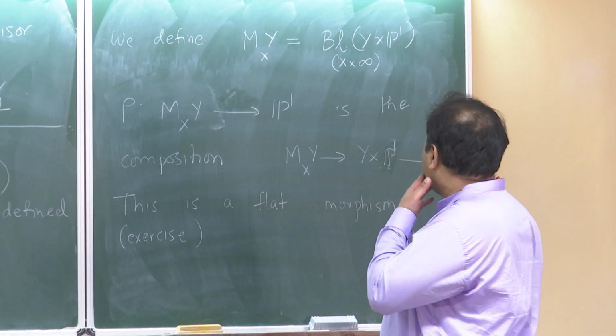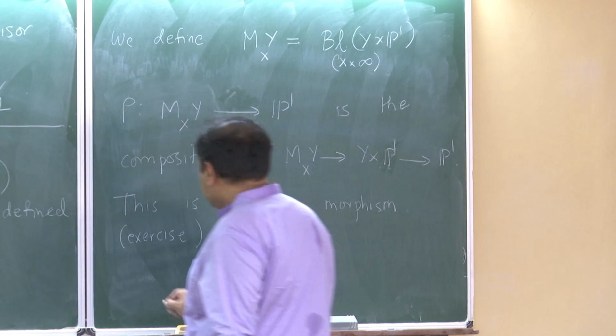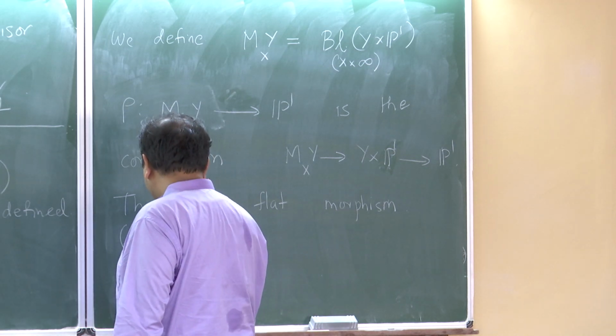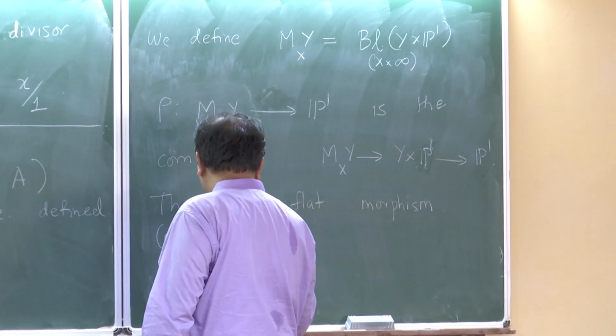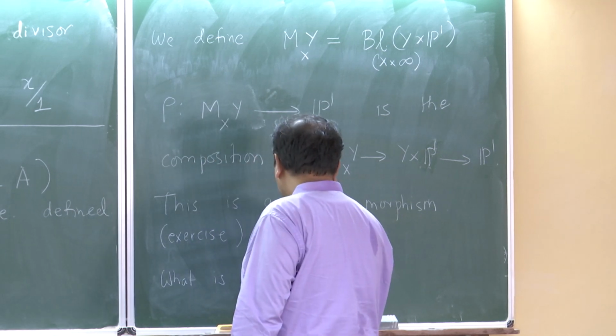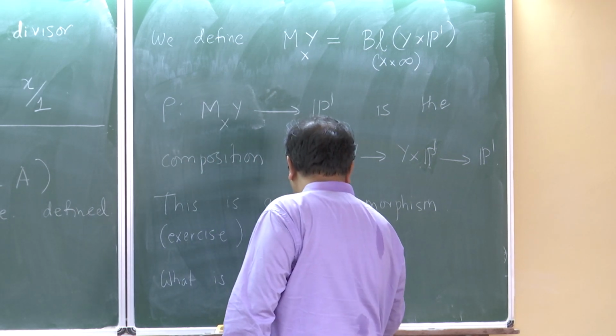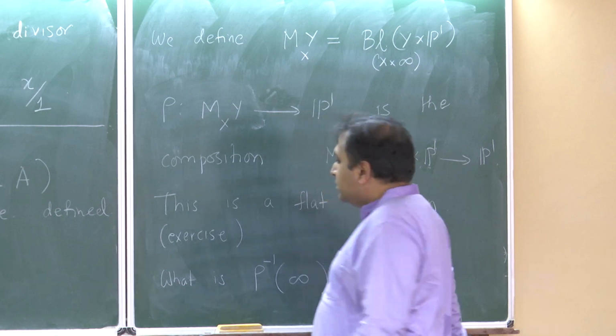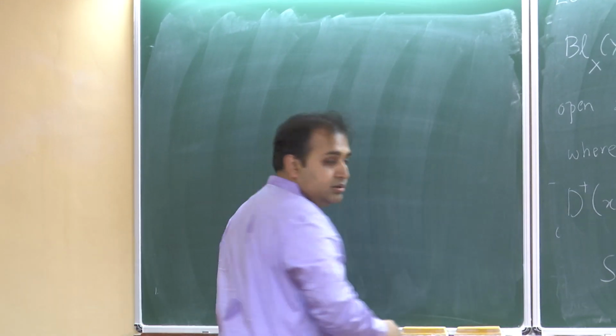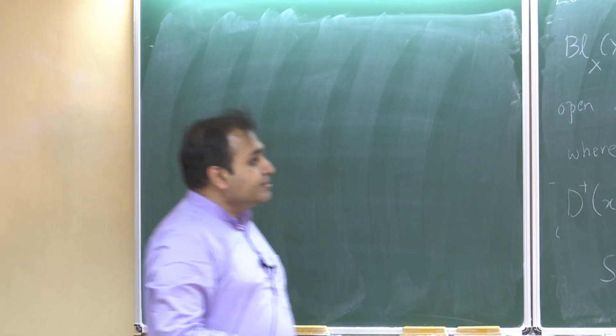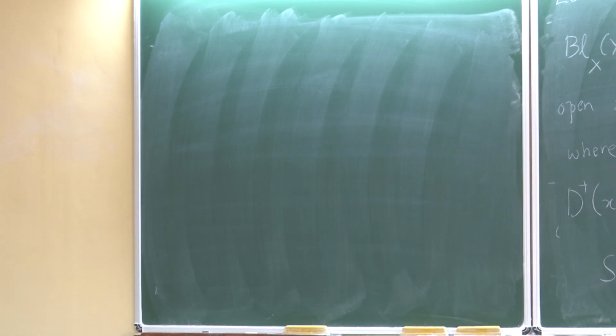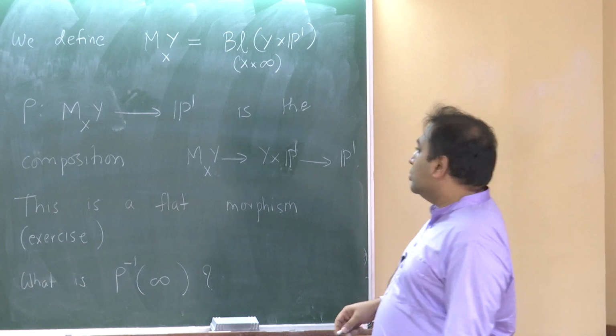Now what I want to understand is rho inverse of infinity. We are only saying the composite is flat. Yes, this map is not flat, but rho is flat.